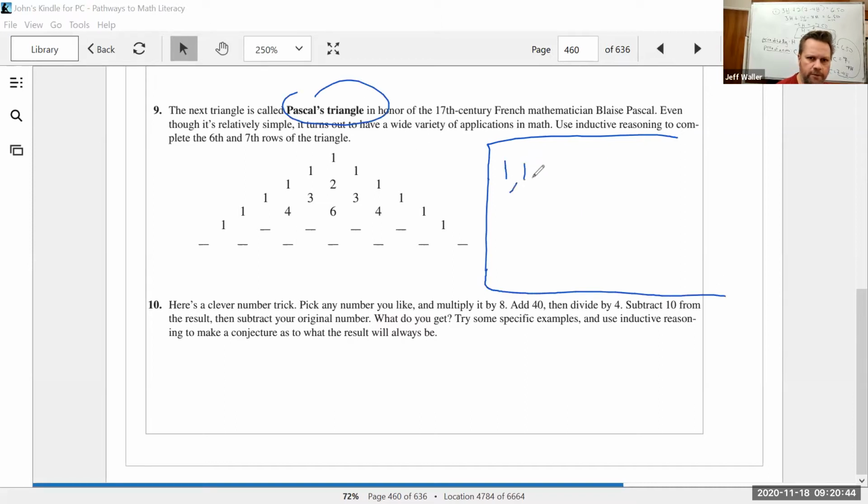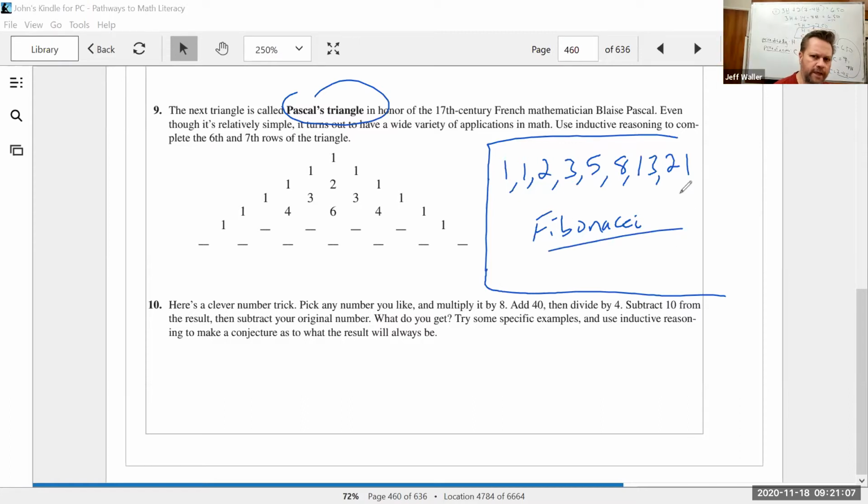Look at this sequence. Does that look familiar to anybody? We did talk about this, the Fibonacci sequence. I made a joke about Fibonacci, so look that up sometime.